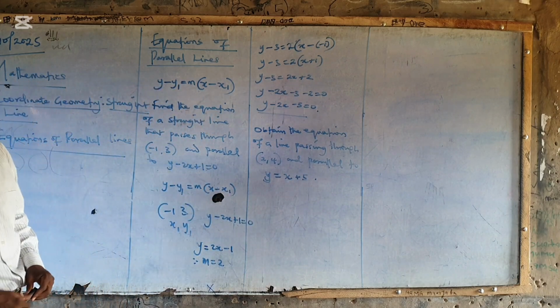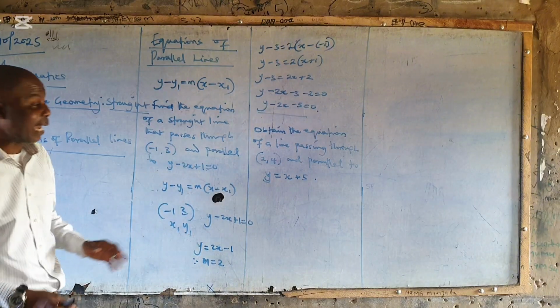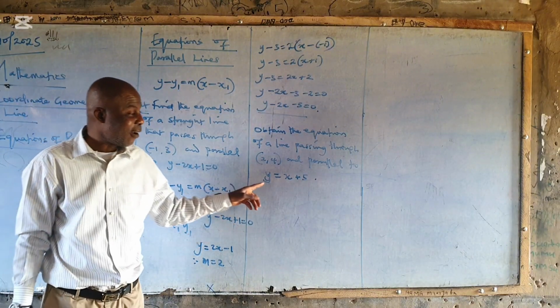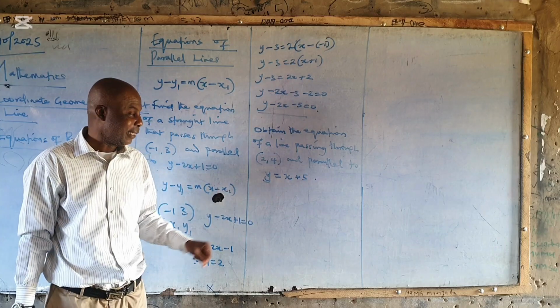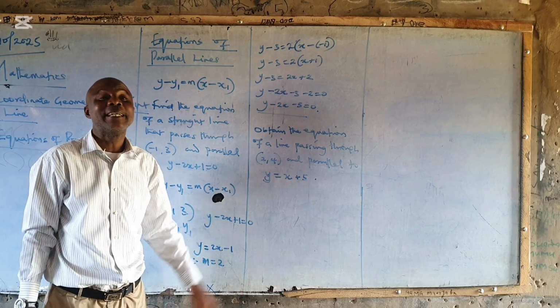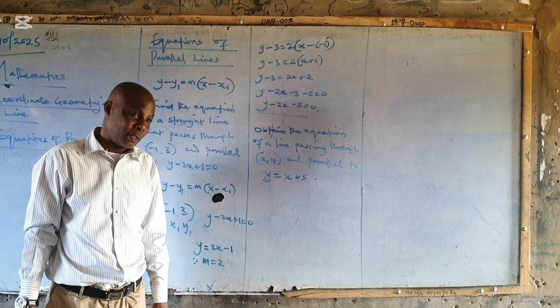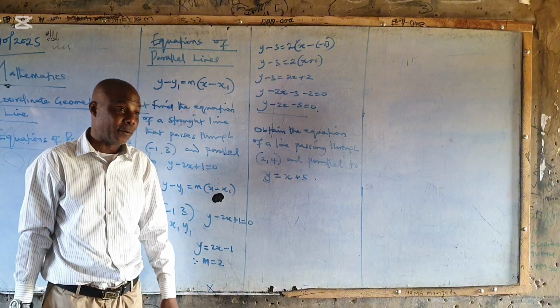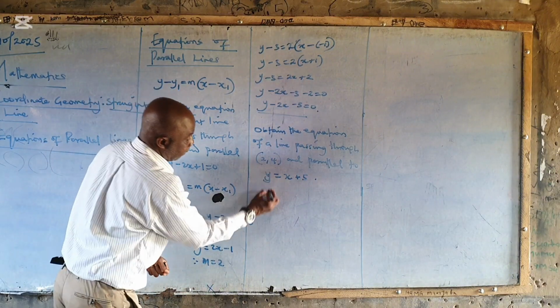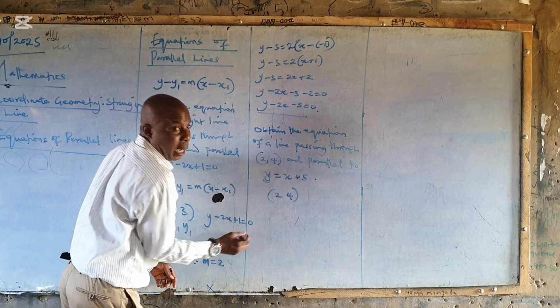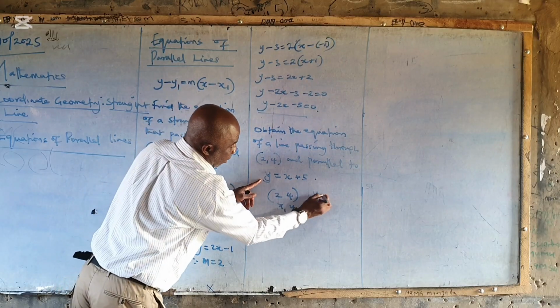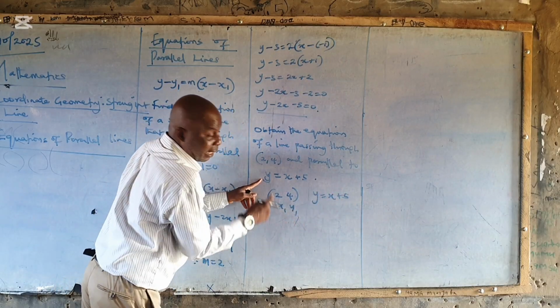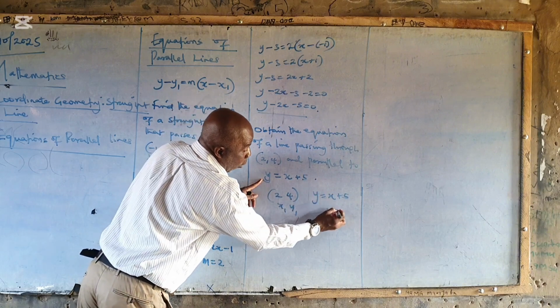Now, if you look at this question critically, you realize that the equation of the other line is already written in gradient intercept form. So all you need to do is to obtain your gradient from there. Your coordinate is x1, y1. Then from here, you realize that the gradient of this other line is just 1.